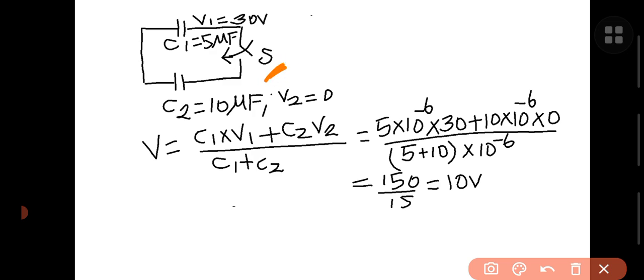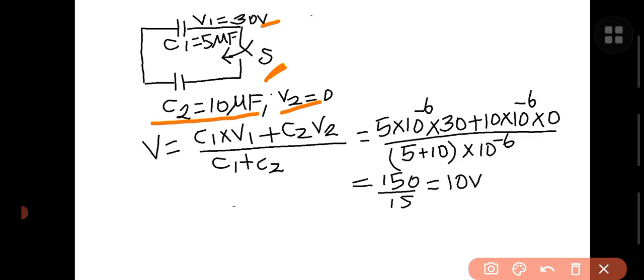Initially the potential on the 5 microfarad capacitor is 30 volt. The 10 microfarad capacitor is uncharged, so its potential is 0. Once the switch is closed, C2 will be getting charged.